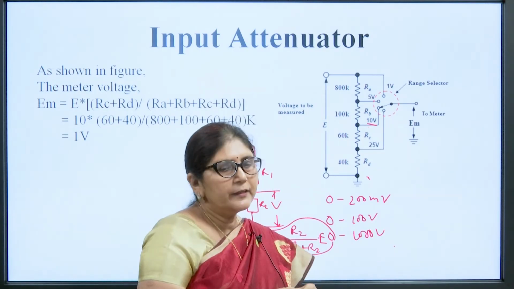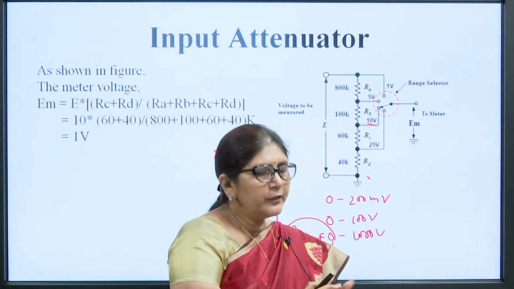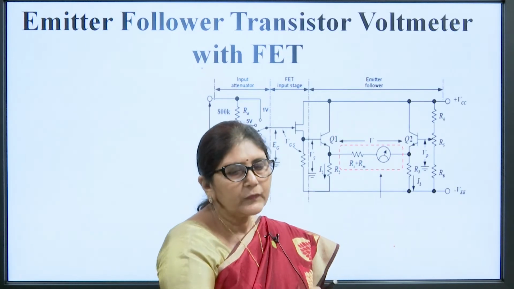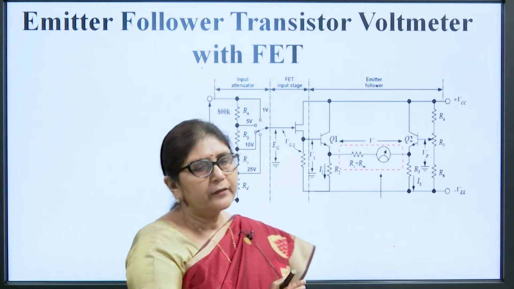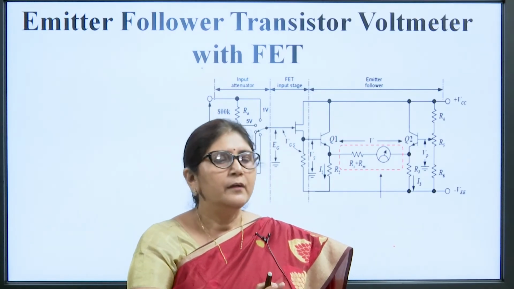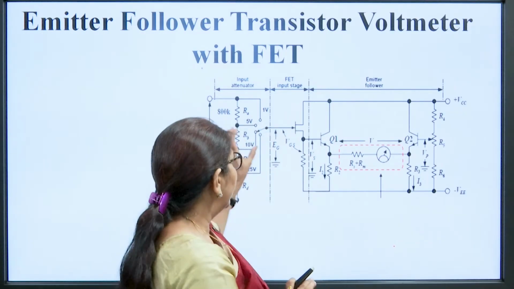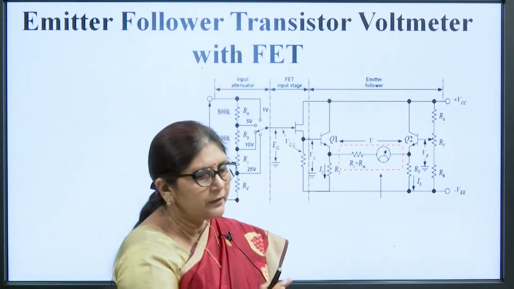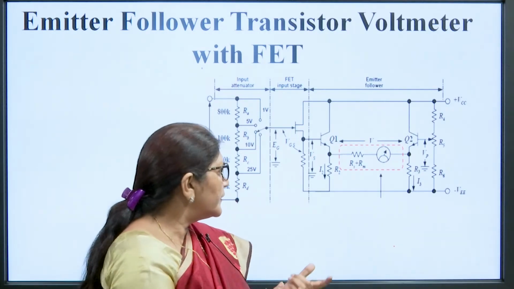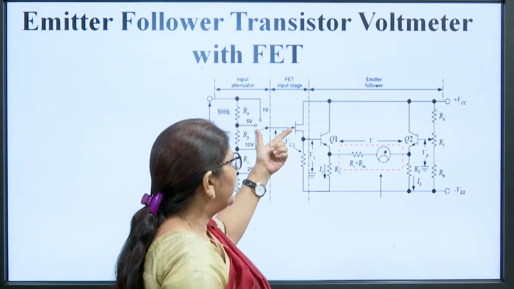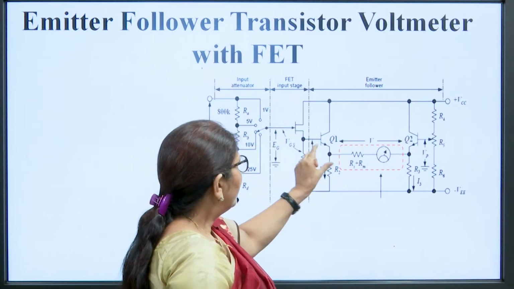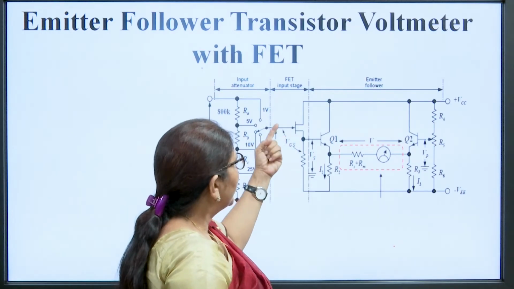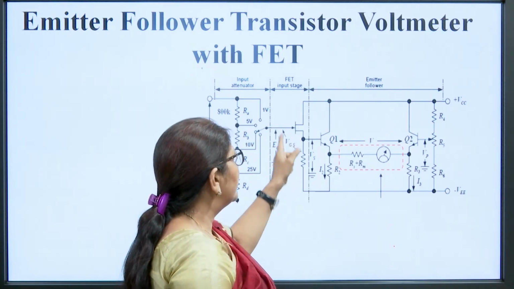So, this is the range selector switch, and when we want to convert our meter into a multi range meter, we use this selection switch. This is the circuit of a practical emitter follower circuit, and here we are using a FET transistor, because the BJT also increases the input resistance of the meter, but when we use a FET, the resistance at the base of this transistor is again multiplied by the resistance of this FET.